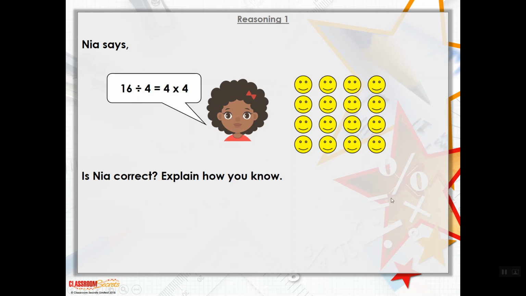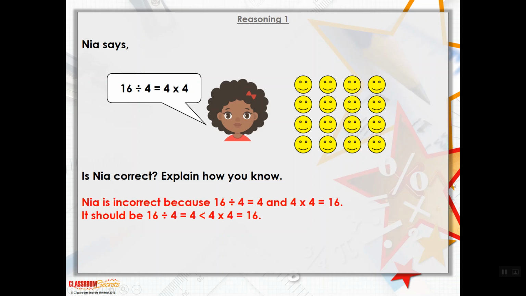Okay, let's have a look at this one. Nina says that 16 divided by 4 will give you the same amount as 4 times 4. Now I've got some 4s here to help you. Is Nina correct? Explain how you know. Pause the video and have a go.